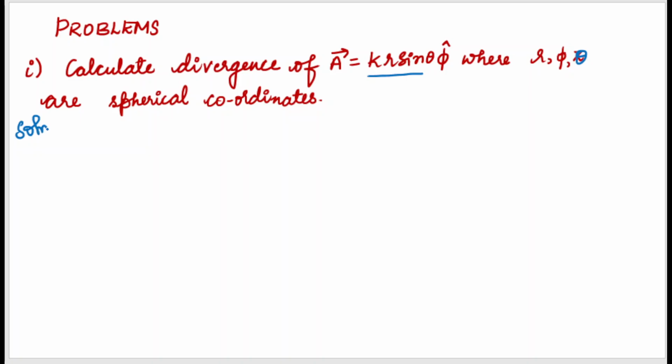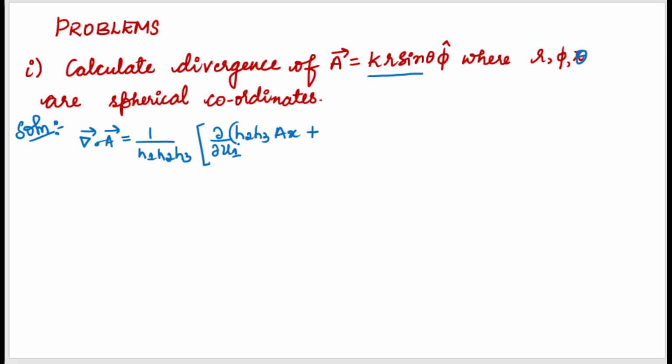The solution for this problem: we need to write the general formula for the divergence. The divergence of a vector is equal to 1 divided by h1 h2 h3 into dou divided by dou u1 of h2 h3 ax plus dou divided by dou u2 of h3 h1 ay plus dou divided by dou u3 of h1 h2 az.